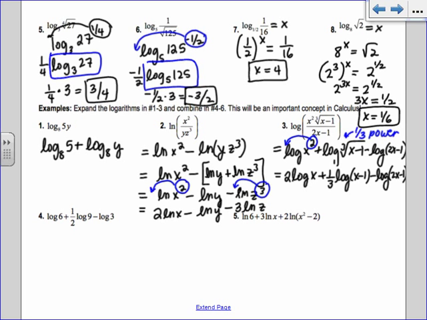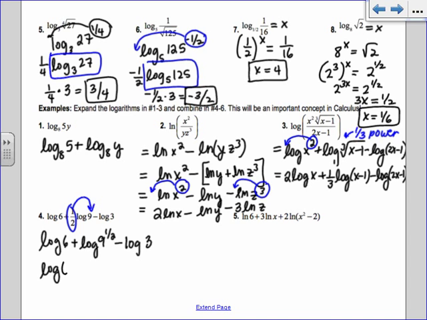All right, so now we're going to go the opposite direction. We're going to combine into a single logarithm. Okay, so first we're going to do the powers, right, because that was the last thing we did before. Then we're going to do the multiplication, division, or whatever. Okay, so I'm going to bring up this 1/2 up as a power. So I'm going to write it as log of 6 plus log of 9 to the 1/2 minus log of 3.